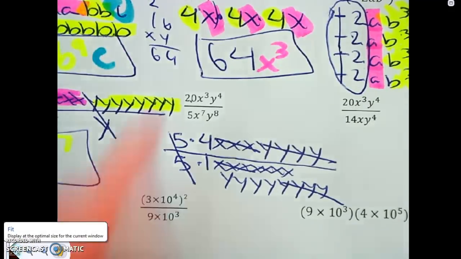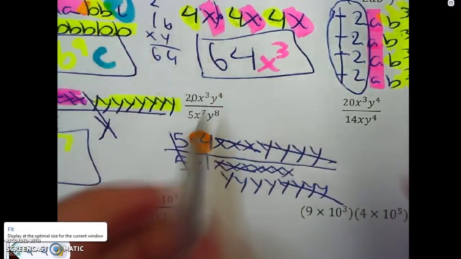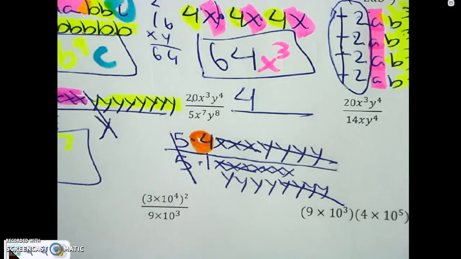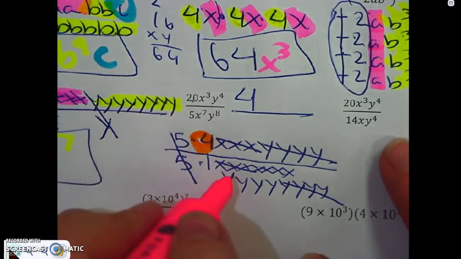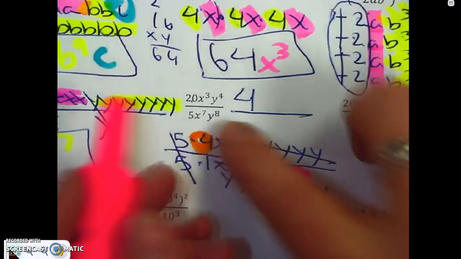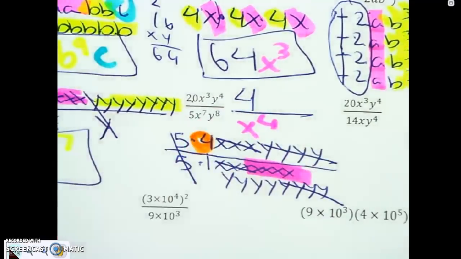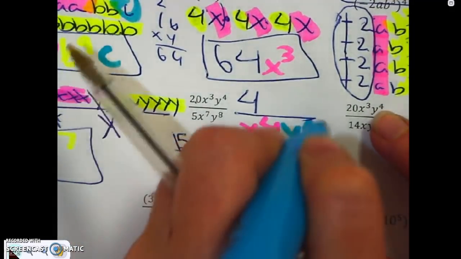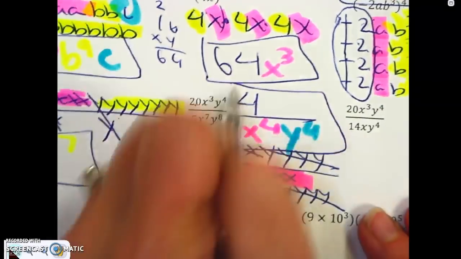So when I look, I have the 4 left on the top. I have nothing else left on the top. I have all these x's on the bottom, x to the fourth on the bottom. And then I have all these y's on the bottom, y to the fourth on the bottom. And that's my answer.